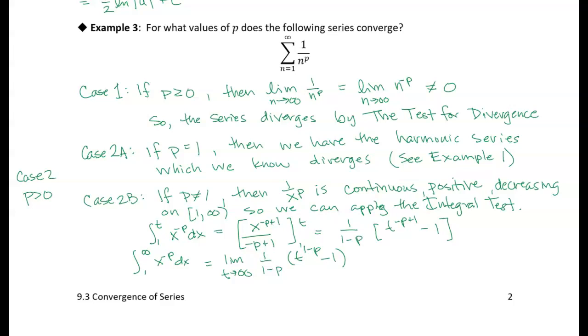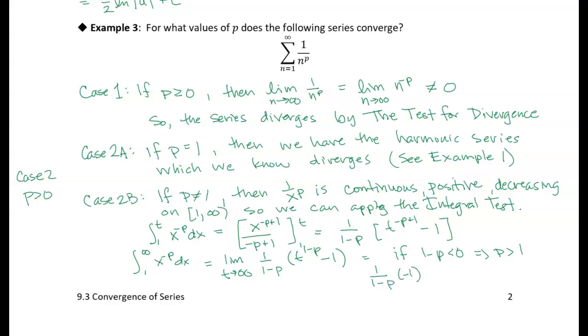So if this 1 minus p is less than 0, so let me write that down, which means that I can rearrange this as p greater than 1, then I just get a result of 1 over 1 minus p times minus 1.